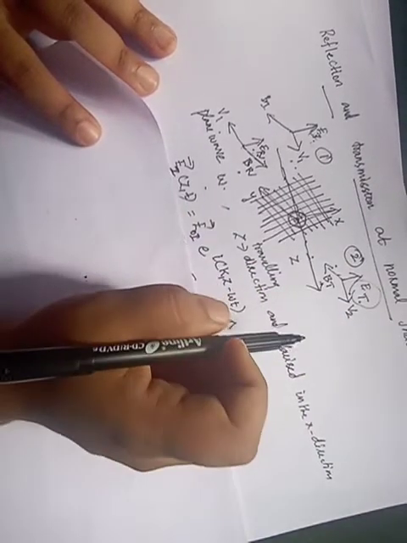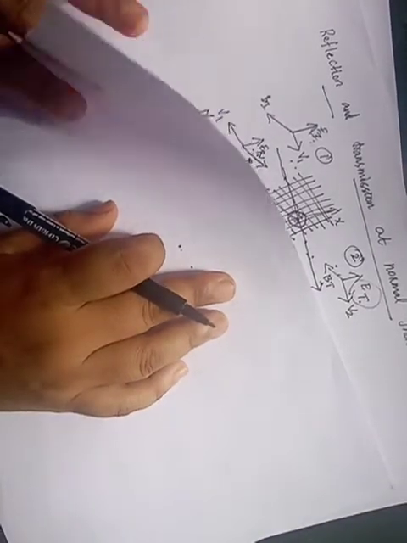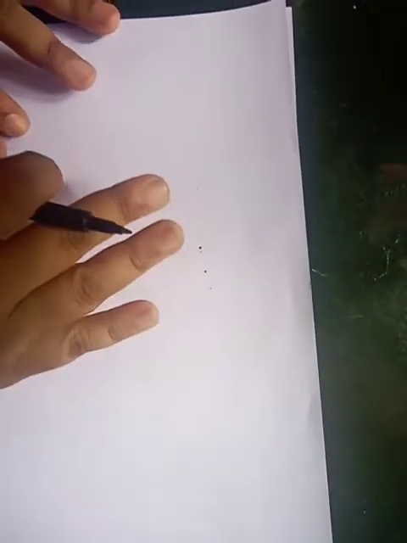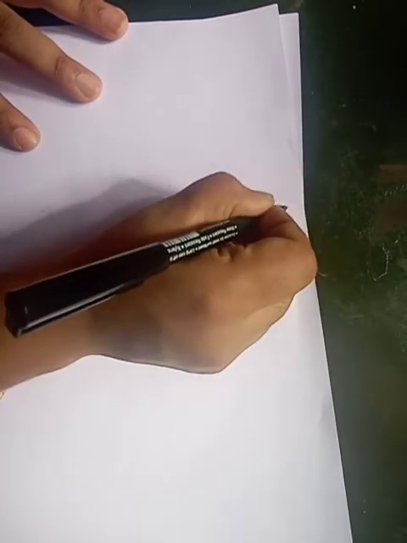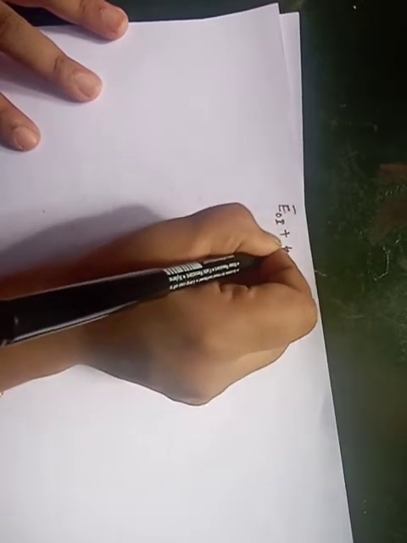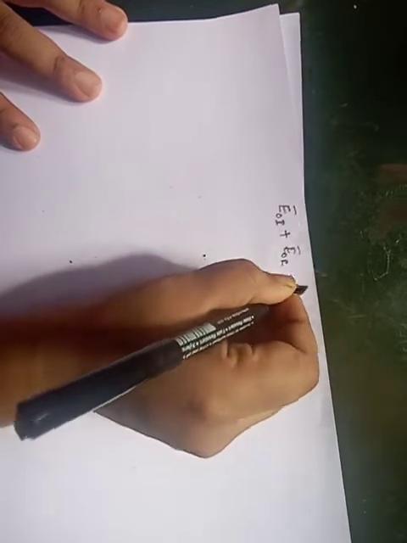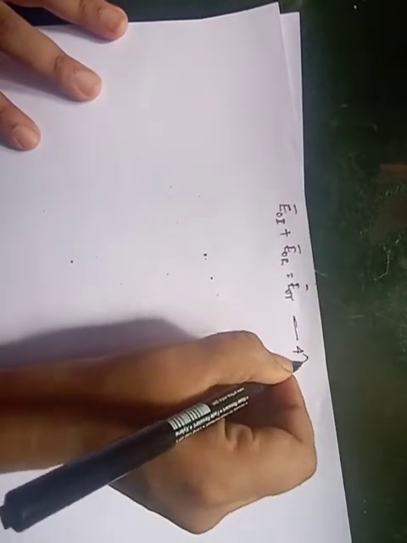In case there are no components perpendicular to this surface, the electromagnetic boundary condition can be written like this: the combined fields on the left meet the field at the right, that is E naught I plus E naught R equal to E naught T. This is equation number 4.